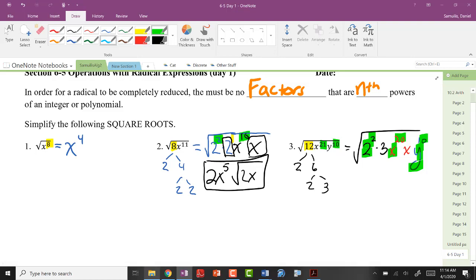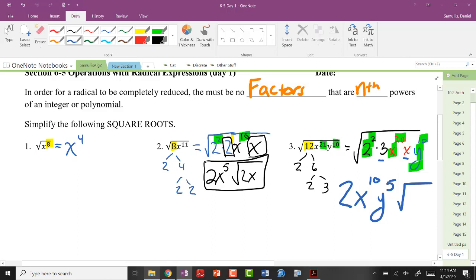So I end up with an answer of 2x to the 10th, y to the 5th, and this 3 and this x will stay inside the radical. So I end up with 2x to the 10th, y to the 5th, square root of 3x. All right, hopefully we're all good there.